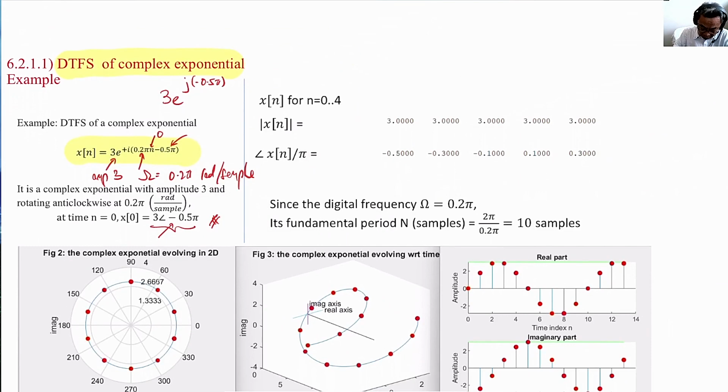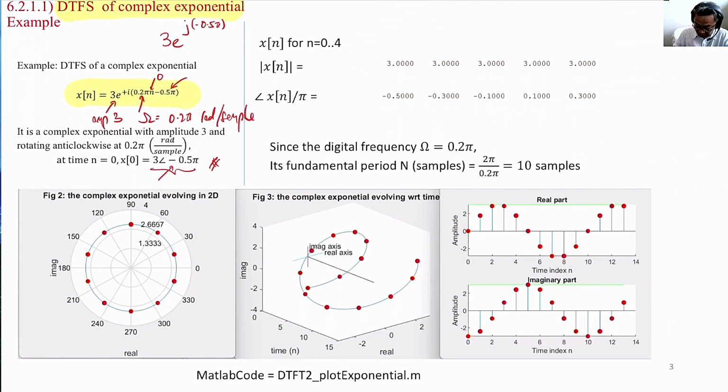Let us now plot this complex exponential. You can use the real and imaginary plot on the right hand side. In this, we will show you the real part with different n and the imaginary part. When n is equal to 0, we substitute into 3e^(j(0.2 pi n minus 0.5 pi)).